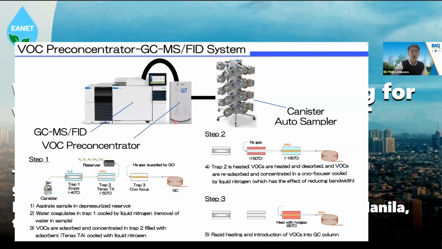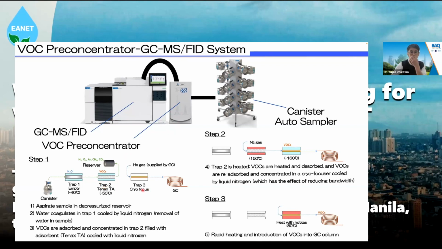And to describe what kind of operations are conducted at this preconcentrator, I wrote the procedure steps in the bottom of this slide. And the preconcentrator accommodates 3 traps, 1, 2, 3.